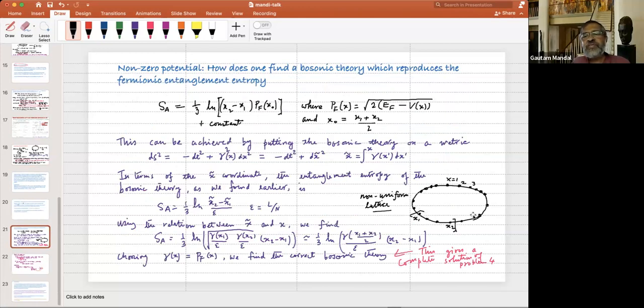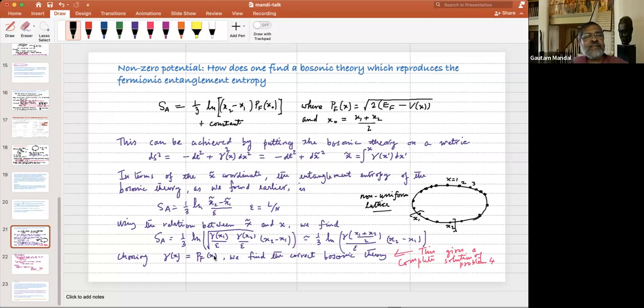You have to put some non-uniform lattice spacing on this bosonic circle, given by essentially a metric like this: minus dt square plus gamma square of x dx square. In 1D, of course, this is just a coordinate transformation, and you have to choose this gamma of x to be the Fermi momentum of x.